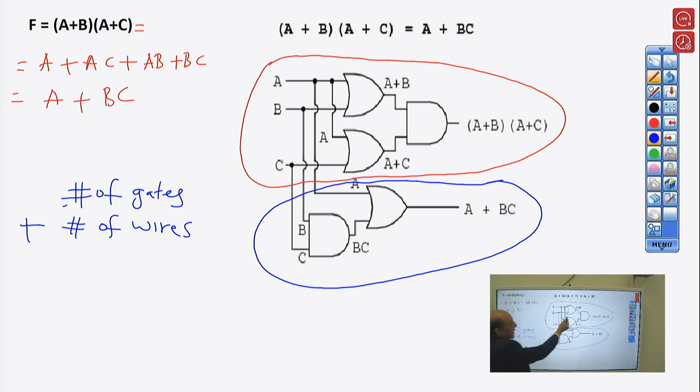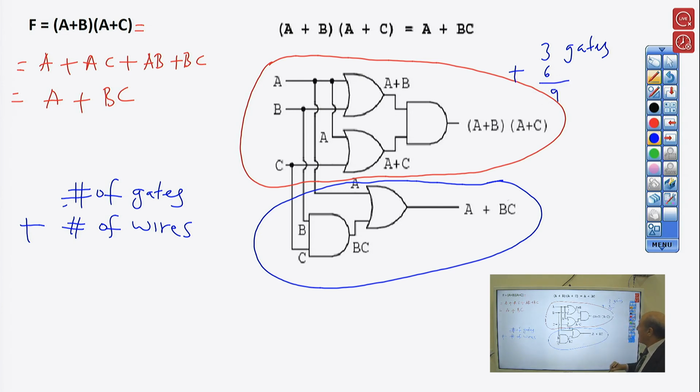So in the first case, the cost is we have 1, 2, 3 gates, plus 1, 2, 3, 4, 5, 6 wires. So the cost is 9.